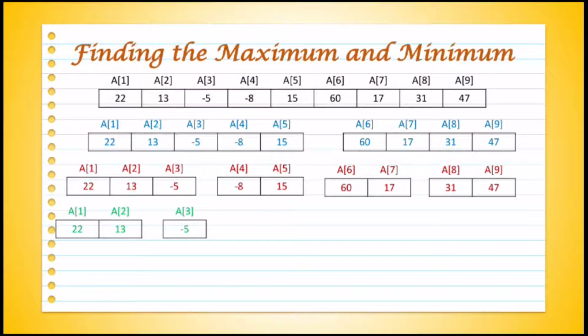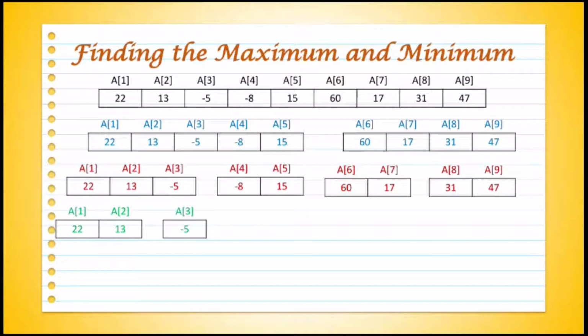Now we can solve these smaller problems individually and get the solutions. After getting the solution for each smaller instance, we will combine the solutions. So now we will find the maximum and minimum value for all these smaller problems separately.